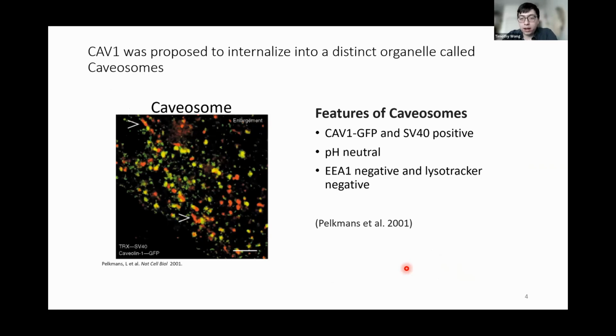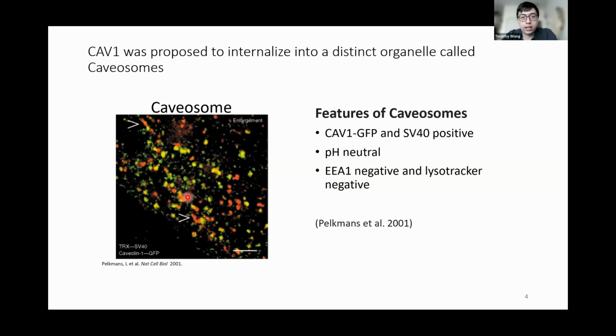So while that's what we understand about CAV1 and caveolae now, I want to take us back and give some more background about CAV1 research in the past that will give you an understanding of the work I'm presenting today. Back in 2001, CAV1 was proposed to internalize into a distinct organelle called caveosomes.